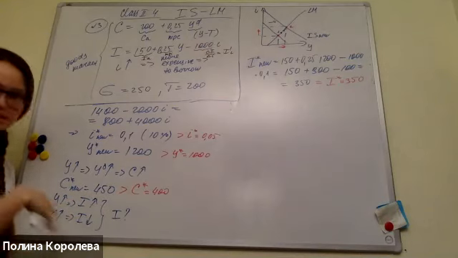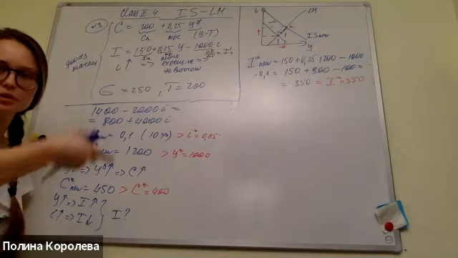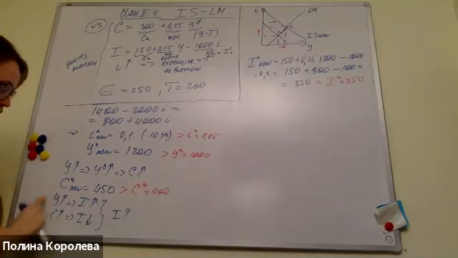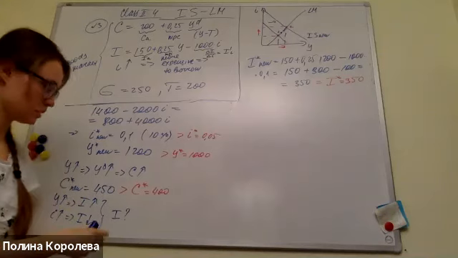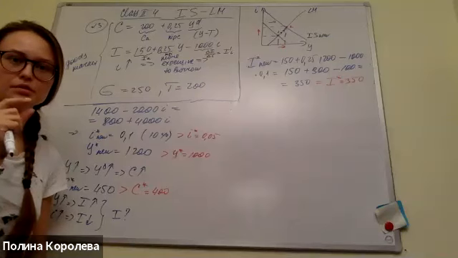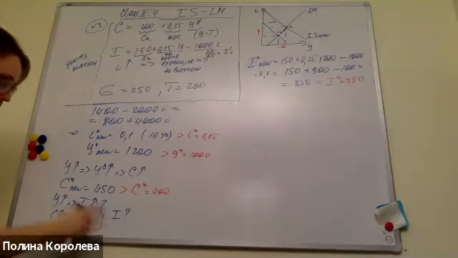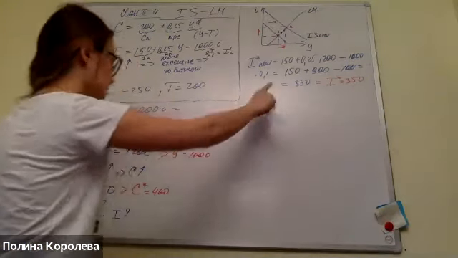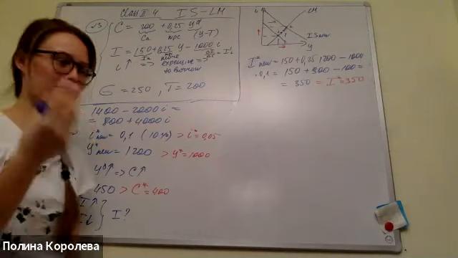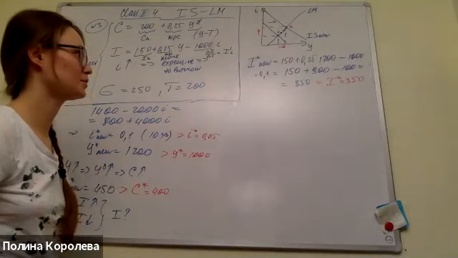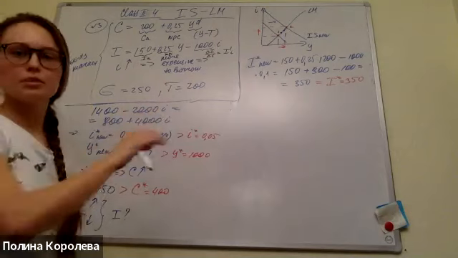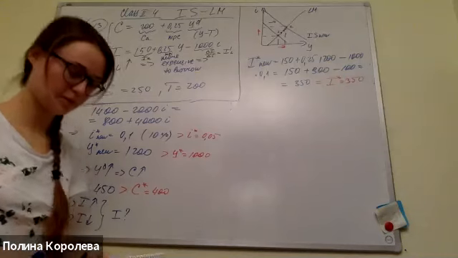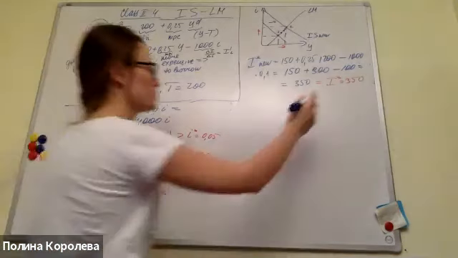So it can be that one effect will overlap the other. It can be that the GDP effect will be stronger and investment will go up a little bit, or vice versa. Here we see that these two effects are of the same strength, but it can be another situation. Okay, so it stays the same.